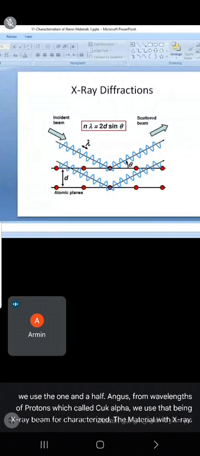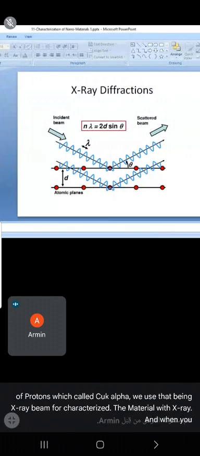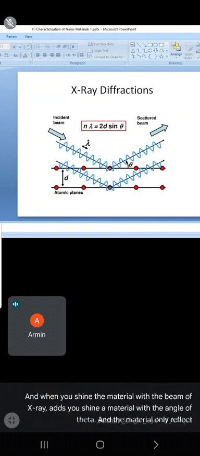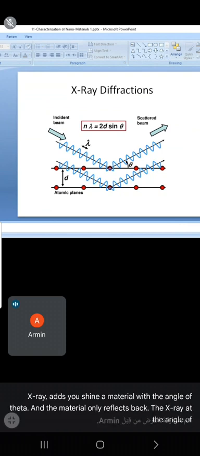And when you shine the material with the beam of X-ray at an angle of theta, the material only reflects back the X-ray at the angle of theta again, if the Bragg law or equation is valid.